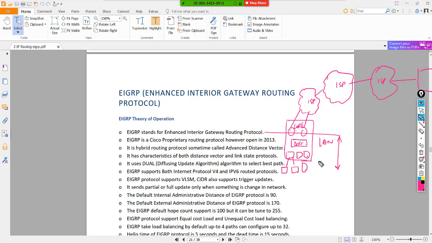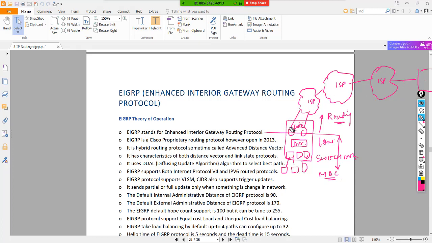Till here, access and distribution was more related to switching technology, more dealing with MAC addresses. But now, since we are talking about the core layer, it's all about routing technology, dealing with multiple networks. Why do we call it multiple networks?